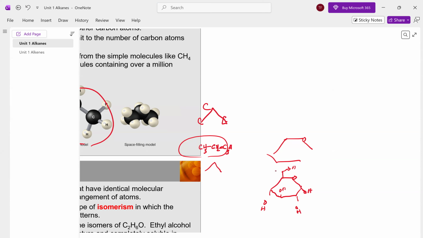This is alpha D glucose. Now you're going to know this molecule intimately in Unit 2. But my point is, there's a lot of carbons there. There's 6 carbons. And there's a whole bunch of hydrogens as opposed to the line drawing here. So line drawings really save you a lot of time.